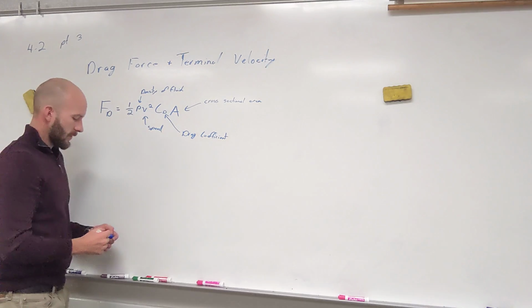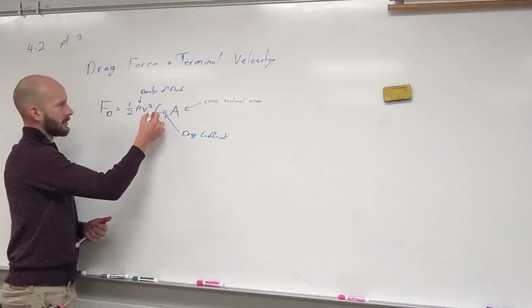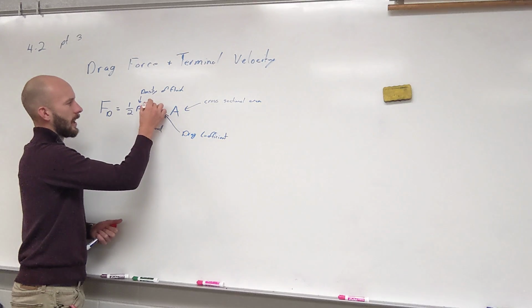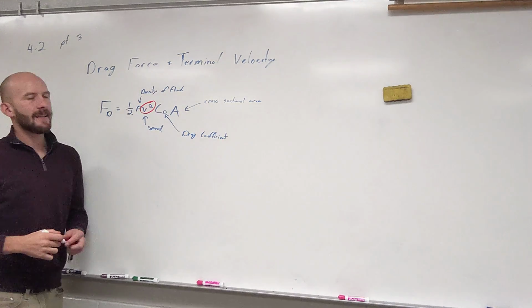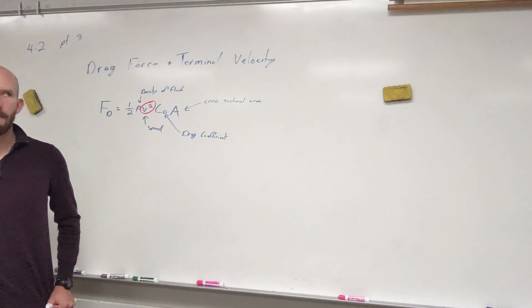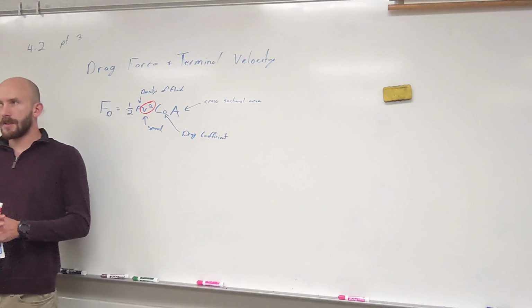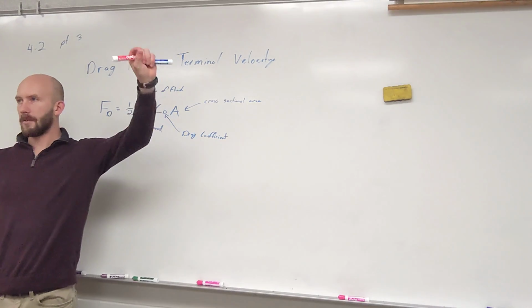The thing that I wanted to point out with bringing this formula up, not that you have to memorize it or even that we're going to use it to calculate drag force at all, but that it's dependent on speed squared. Okay, so what that means is as speed increases, drag force actually increases quadratically.